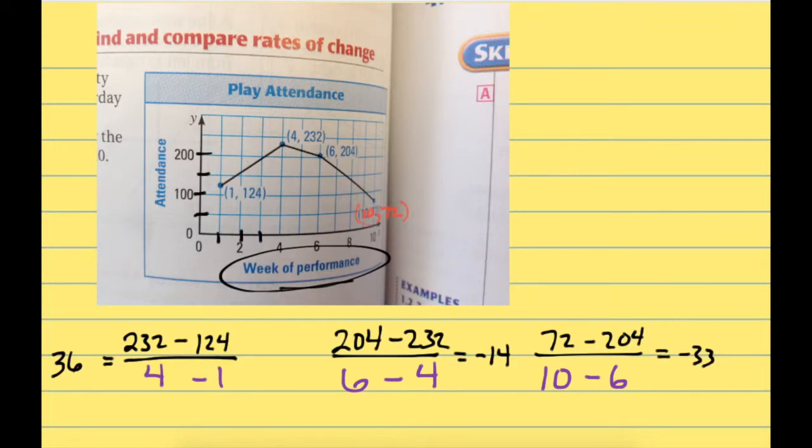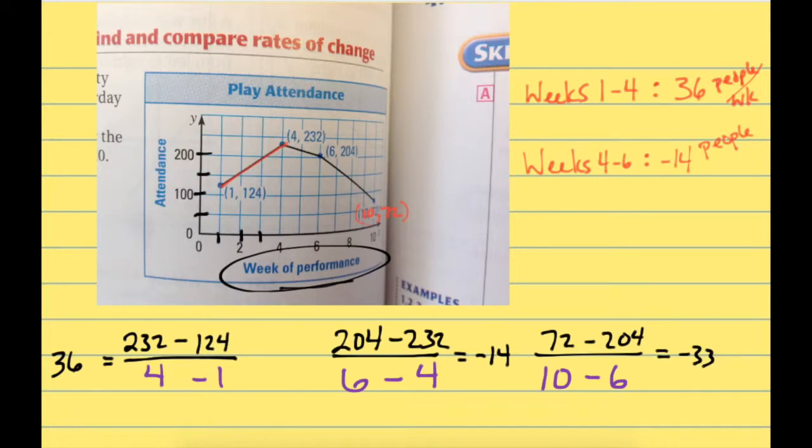Now, since the output is measured in people and the input is measured in weeks, then for weeks 1 to 4, we have a rate of change of 36 people per week. And since it's positive, that means the attendance went up, which we can clearly see on the graph. For weeks 4 to 6, we have a rate of change of negative 14 people per week.